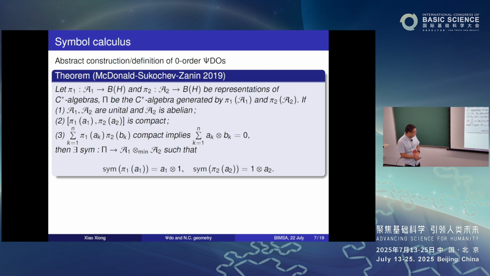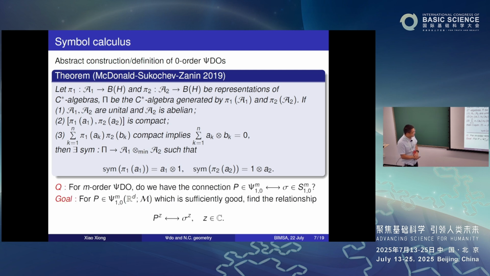Okay, but this theorem is good only for zero order pseudo differential operators. So we hope we can do it for arbitrary m order pseudo differential operators.